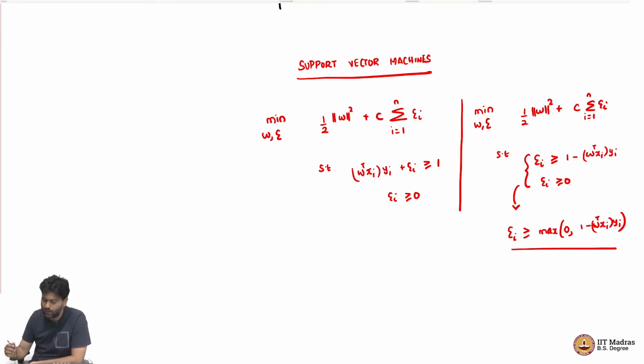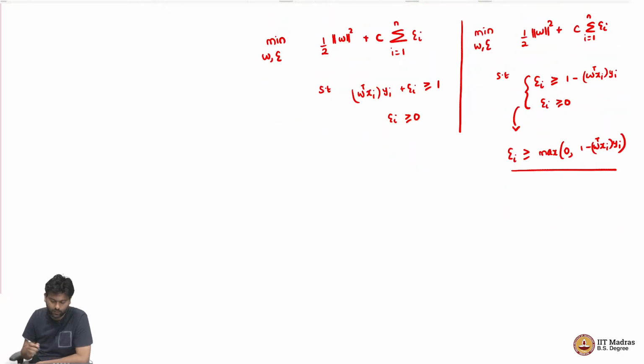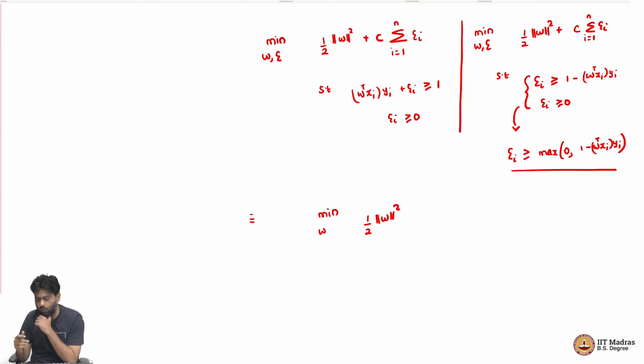Equivalently, I can write this as: minimize over W half norm W squared. Remember, the bribe you pay is either 0, if W correctly classifies your xi with margin 1, or exactly 1 minus W transpose xi yi. You won't pay an extra unnecessary bribe.